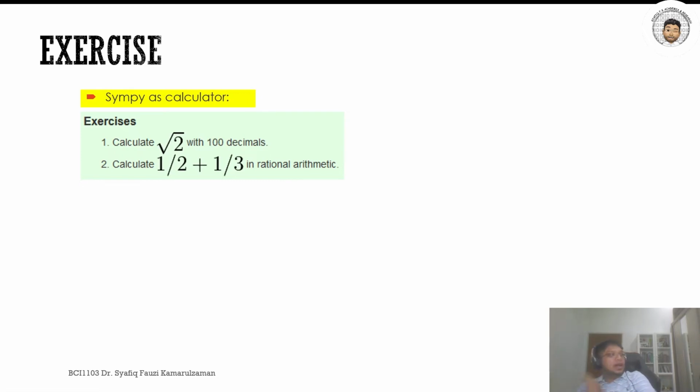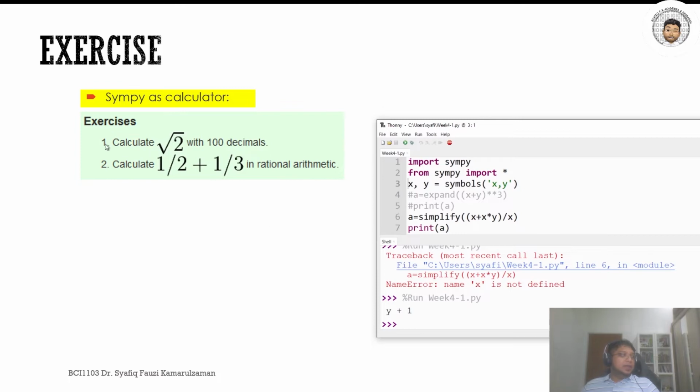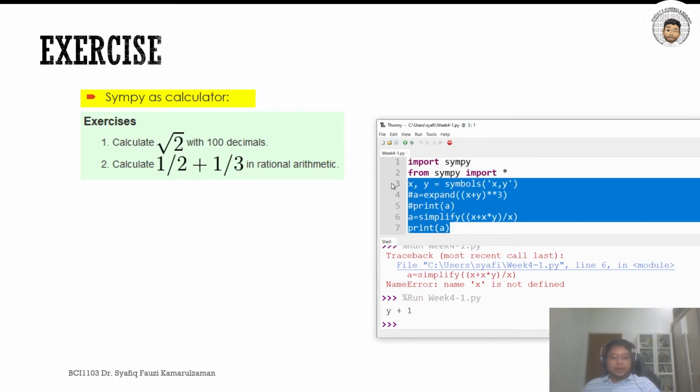So now let's start with the exercise. SymPy as a calculator. You can use this SymPy to calculate this one first, for rational number arithmetic and also for root 2. So don't forget to use SymPy here.